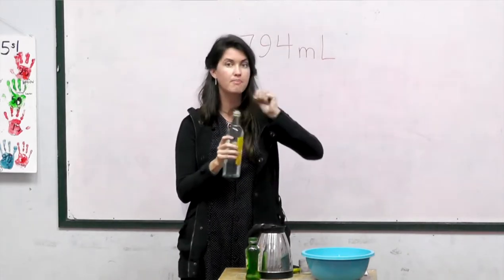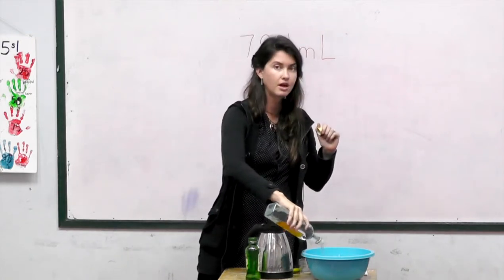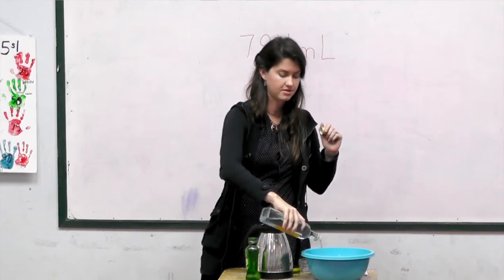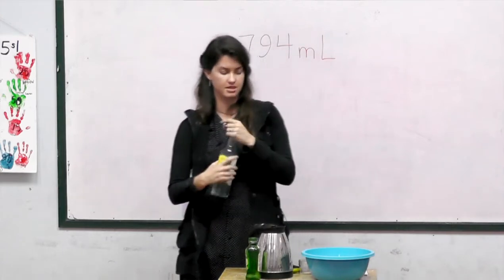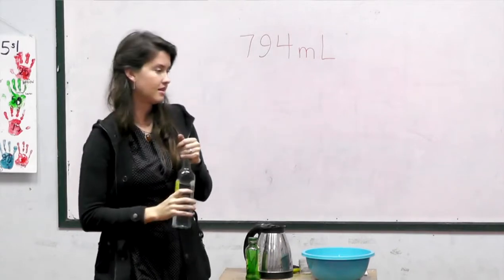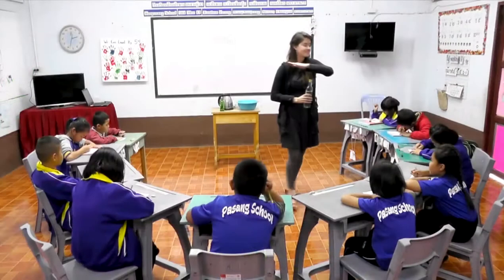We're going to pour out 243 milliliters. Think about how you can write that as an equation. We're using subtraction now.